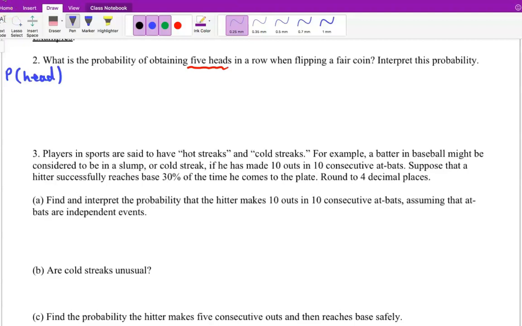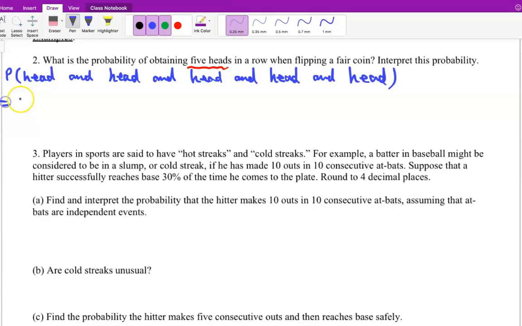Exactly the same as what I did on the previous part, probability of head, and now I have 5 heads: 1, 2, 3, 4, 5. That is equal to multiplying each one.